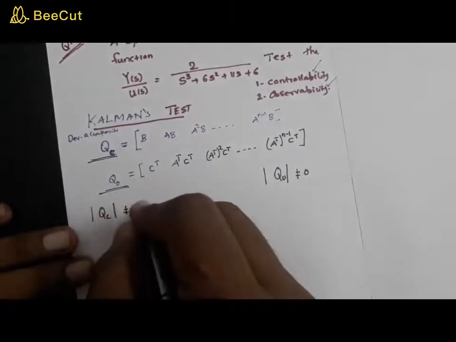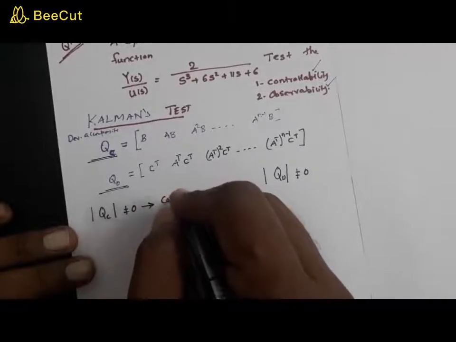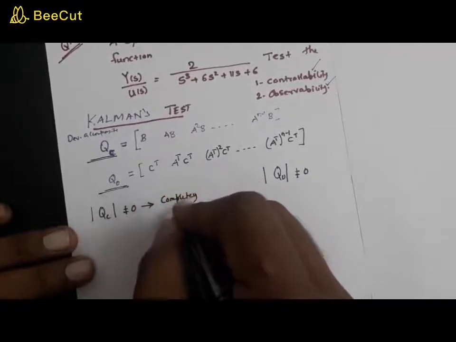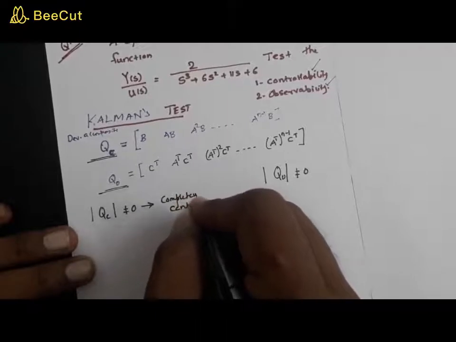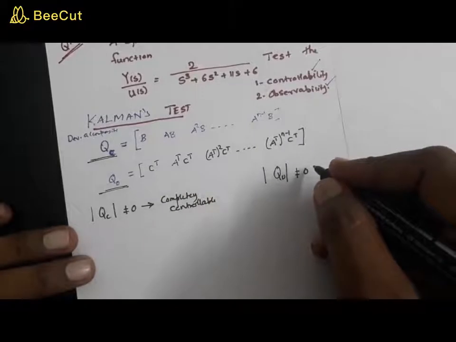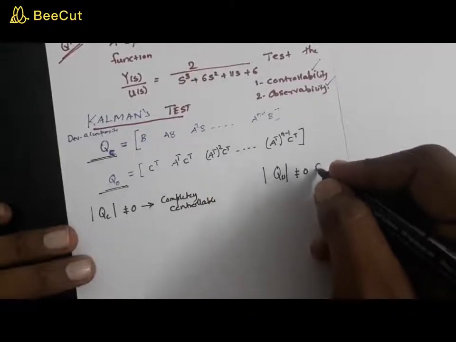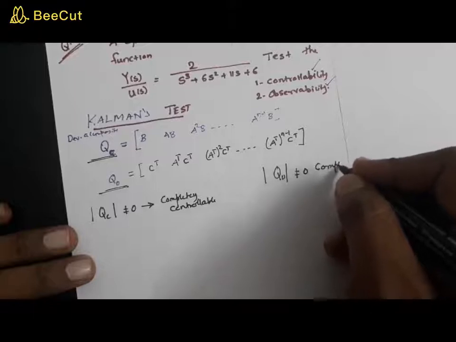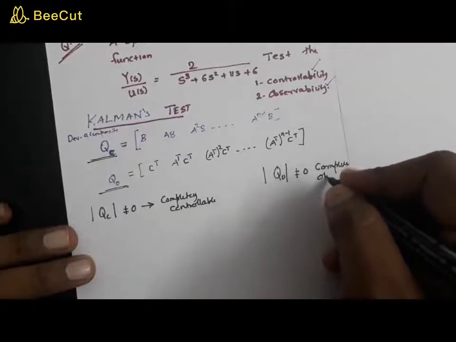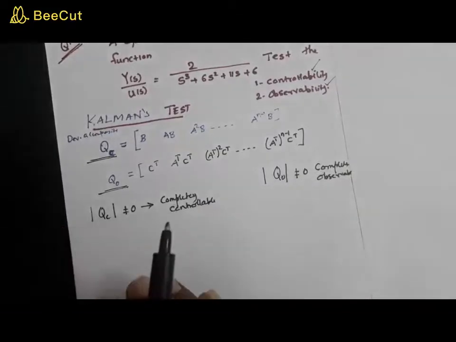If QC is not equal to 0, then this is called completely controllable. If QO is not equal to 0, then we will call this completely observable.